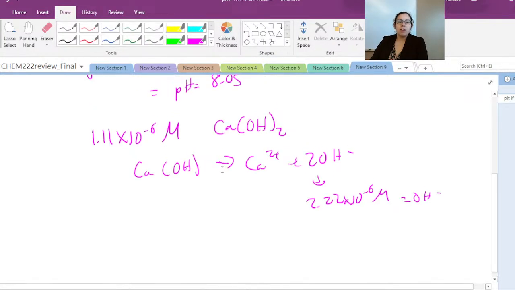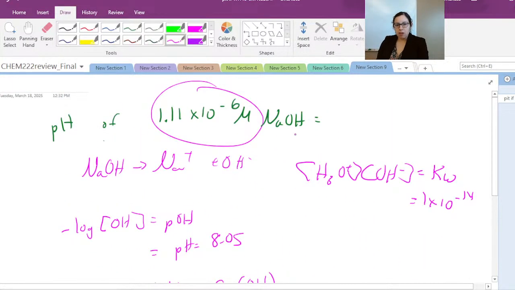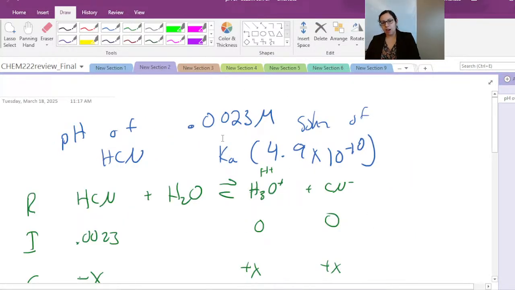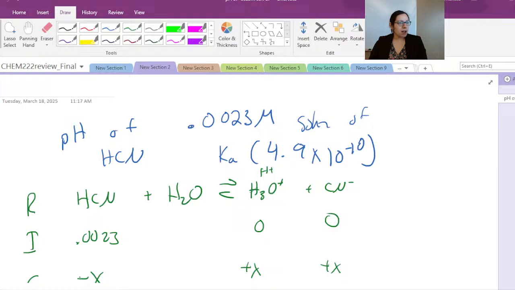He was saying when you have sodium hydroxide, it's strong, in the sense that we know all of this is converted to hydroxide. All of it is going to dissociate, versus the first one that we did, where we have some sort of Ka expression. And we could do another practice if people want another rice table practice.